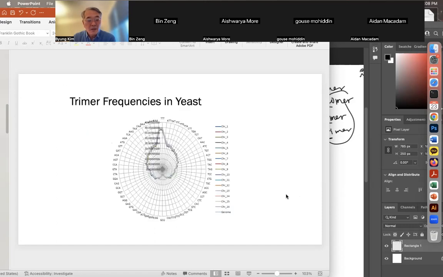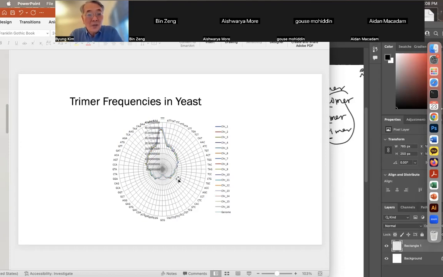Then it turns out that it has this particular shape. These are in different chromosomes in the yeast, but regardless of which chromosome you have, they have a fairly identical shape.